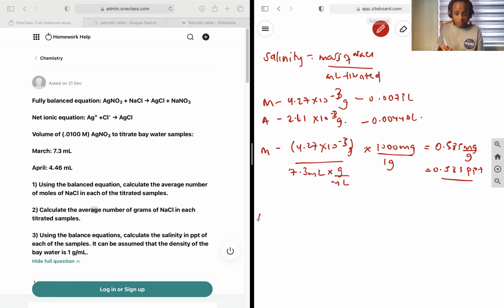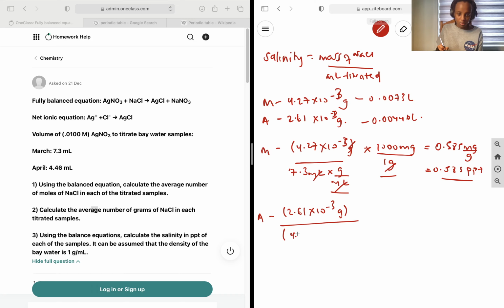And we should get the same answer for the April sample. This was also supposed to be to the negative 3. So 2.61 by 10 to the negative 3 grams. All of this is just for the sake of units, so that we get milligrams per gram.